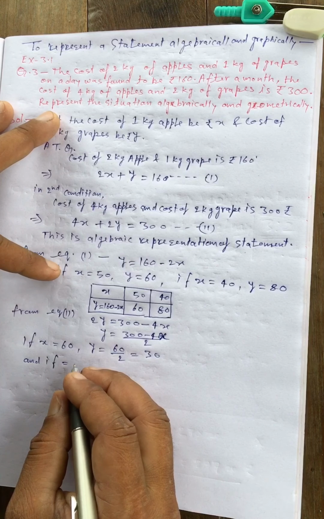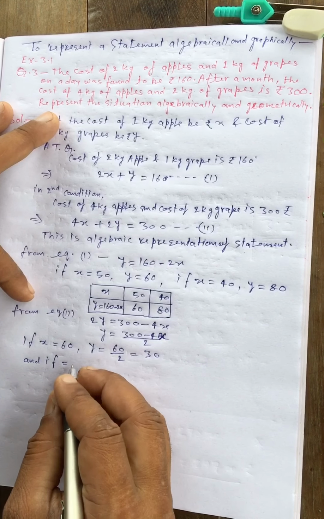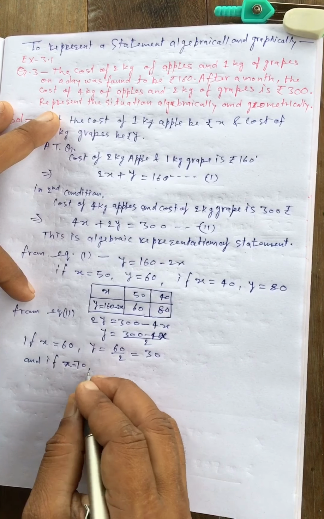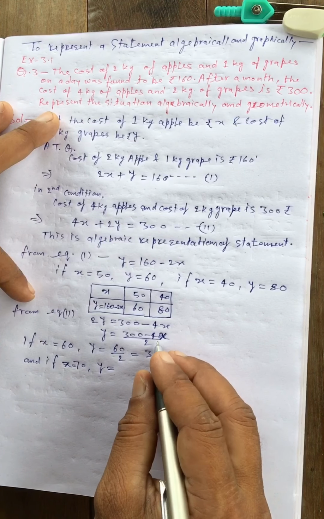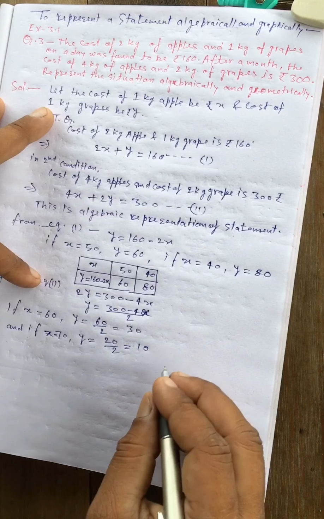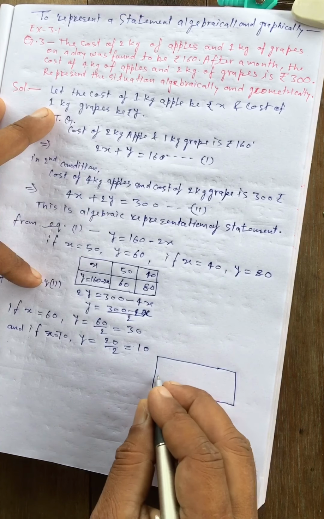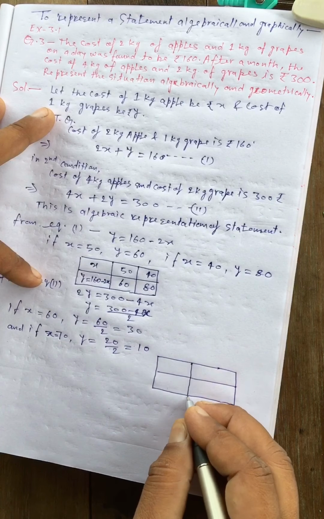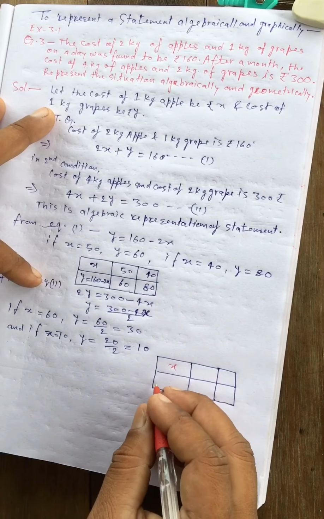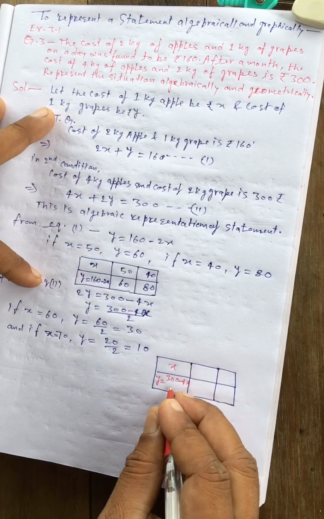Let us take x is equal to 70. Then y is equal to 300 minus 280, that is 20 upon 2, that is 10. Now the required table is x and y is equal to (300 minus 4x) upon 2.